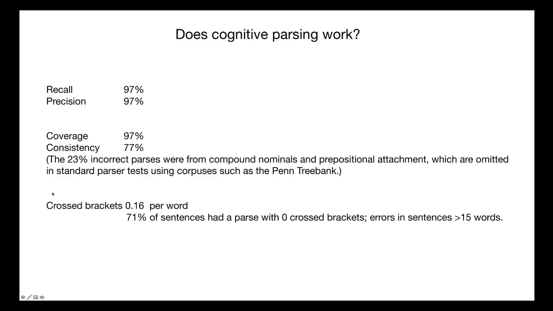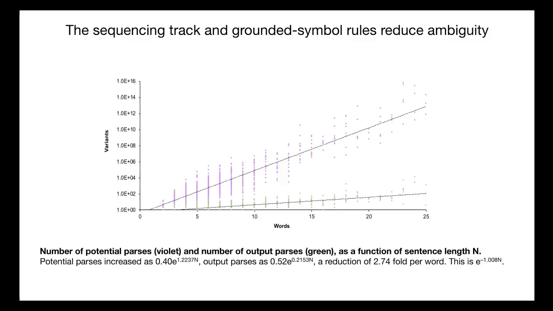And then there's cross brackets, which has to do with, well, how many subunits is the computer trying to get you to say overlap each other when they shouldn't? And it's rather small, and it only happens in really long sentences where people get confused. So, to show you some data.